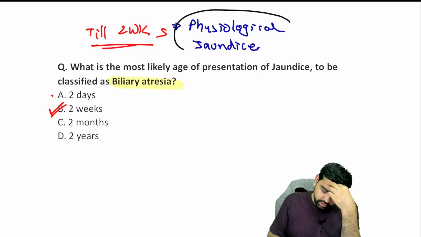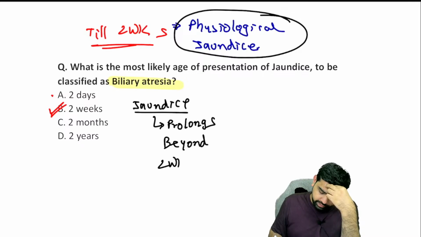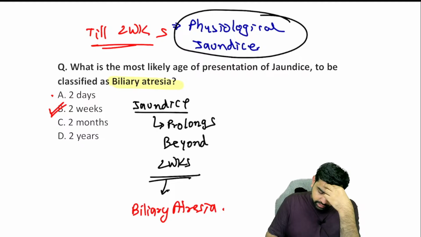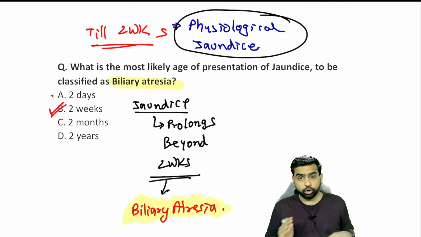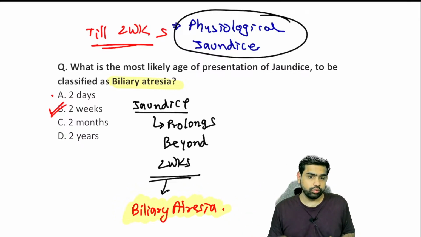But if the jaundice prolongs beyond 2 weeks, then you have to think in terms of biliary atresia. Okay, so if the jaundice is basically prolonging beyond 2 weeks, then you have to think in terms of the biliary atresia.